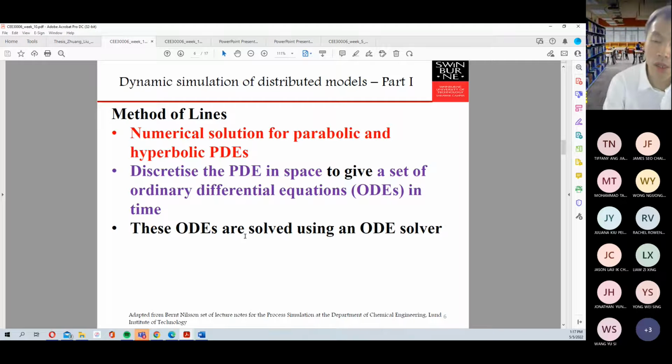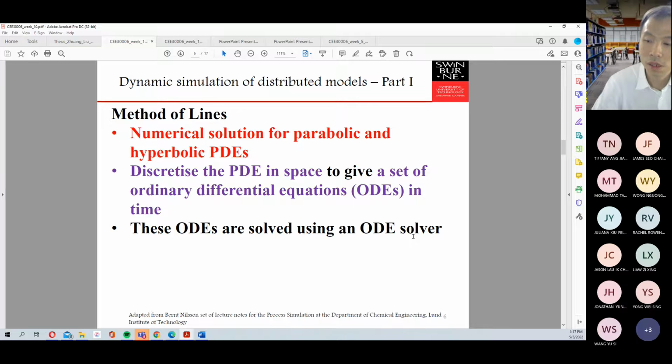Then we solve this ODE using an ODE solver. The difference with the previous discussion is that previously we didn't have a derivative with respect to time, so after we discretize everything, it all went down to the solution of a matrix. But in this particular scenario, we have the derivative with respect to time and also the derivative with respect to position.